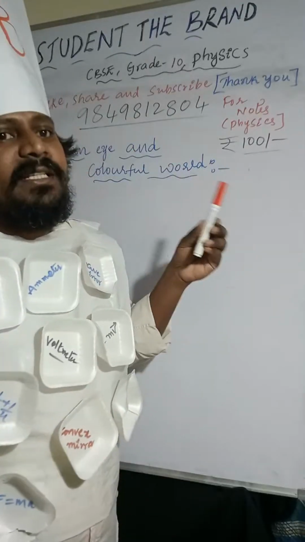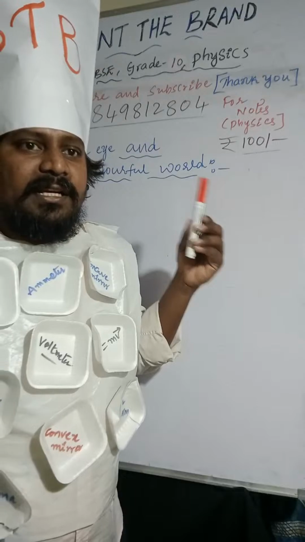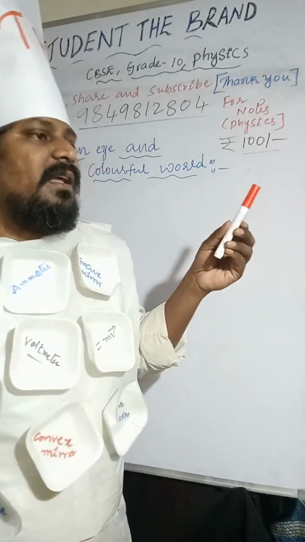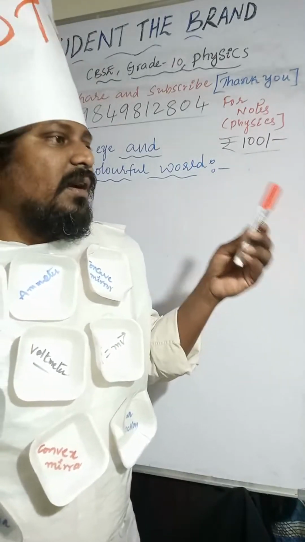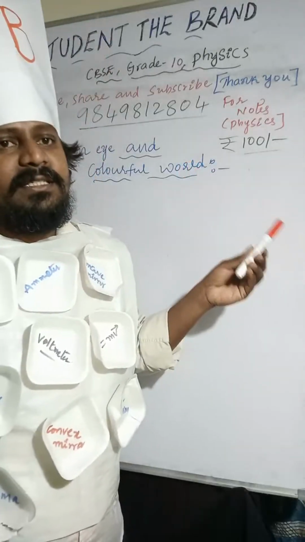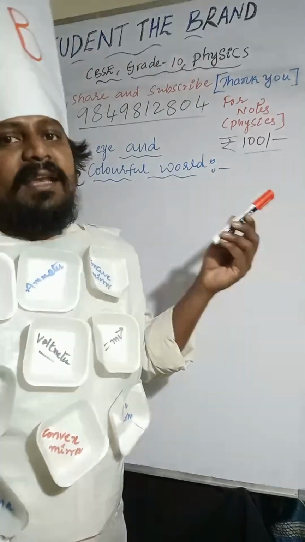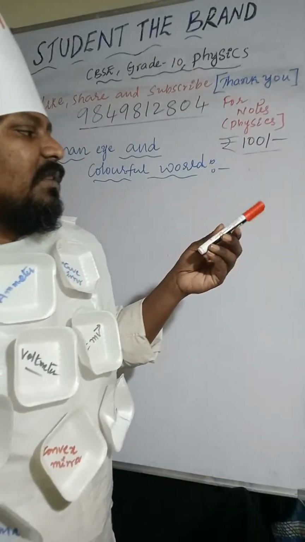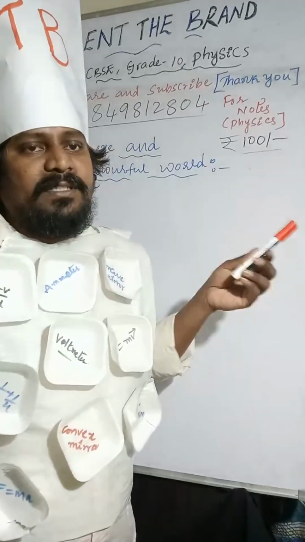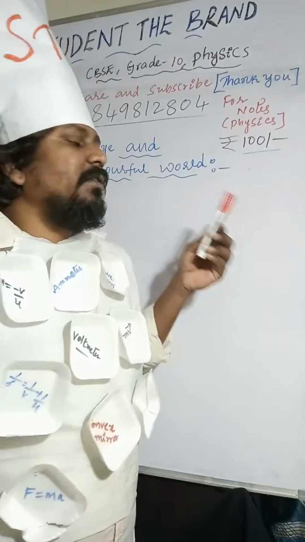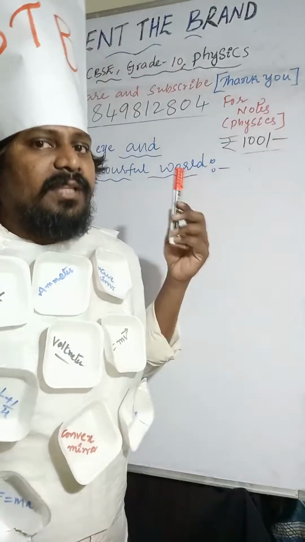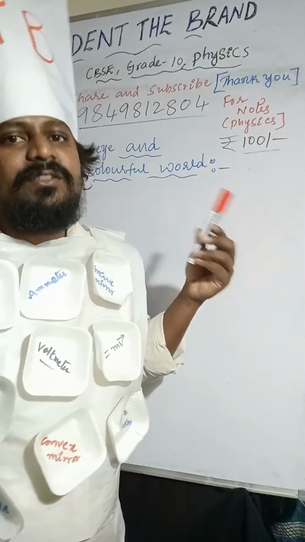The minimum distance up to which a person can see clearly without any strain or pain is called the minimum distance. That is nothing but the near point. The near point is 25 centimeter.